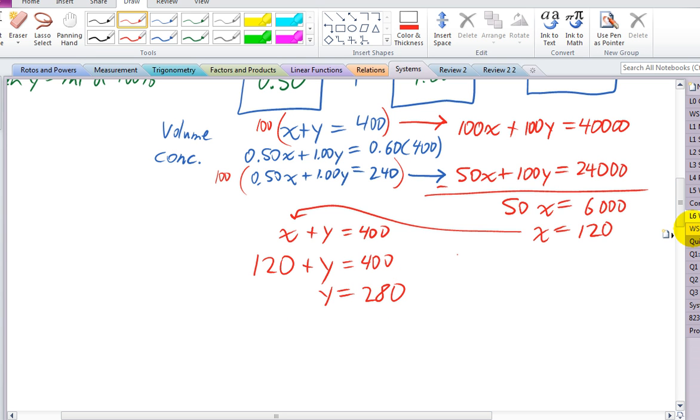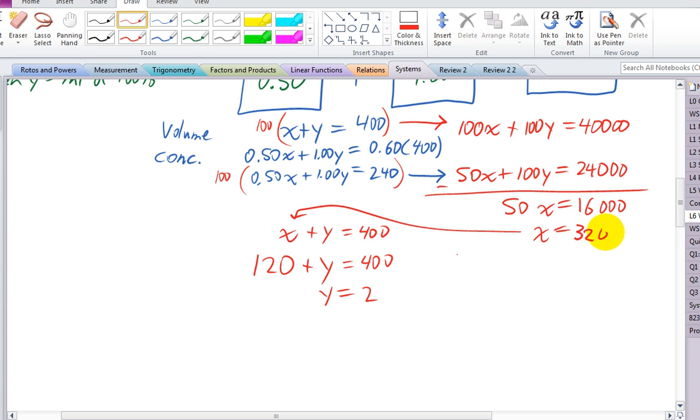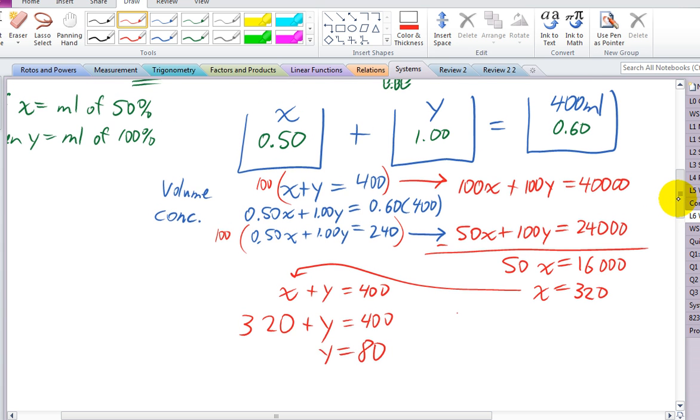So y equals 280. Oh, I thought that was off. $320, yeah, that's right. So y equals 80. So now you have to tell me how much of each different type.